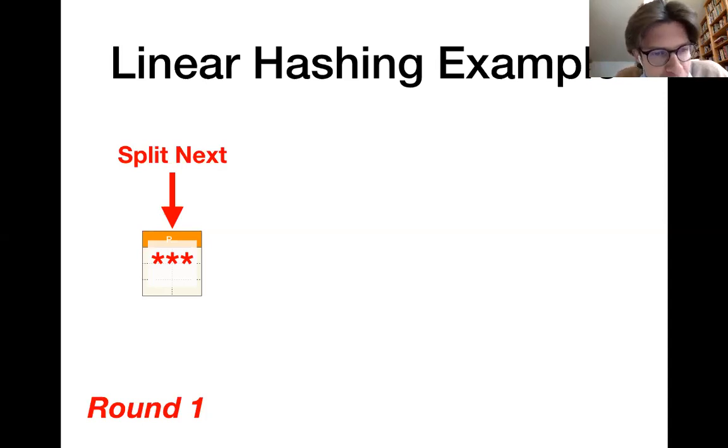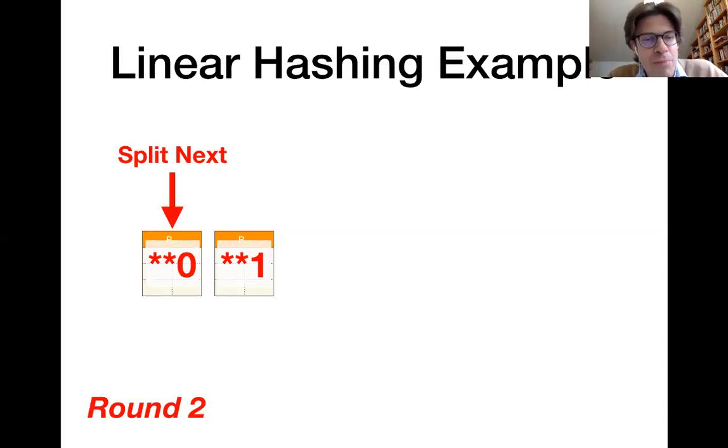So now we are splitting this bucket into 2 buckets, one of them associated with hash values where the last bit is 0, and one associated with hash values where the last bit is 1. And now, since we have split the only bucket that existed at the beginning of round 1, we also immediately enter round number 2, as you see in the counter here, and we are resetting the split next pointer to the first of our buckets here.